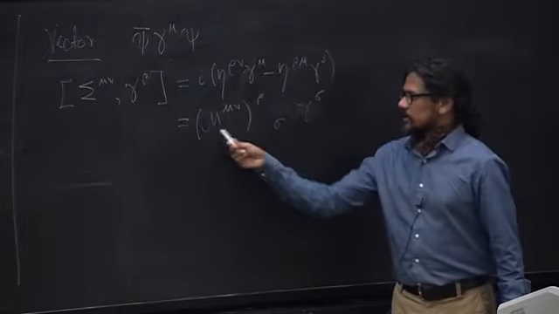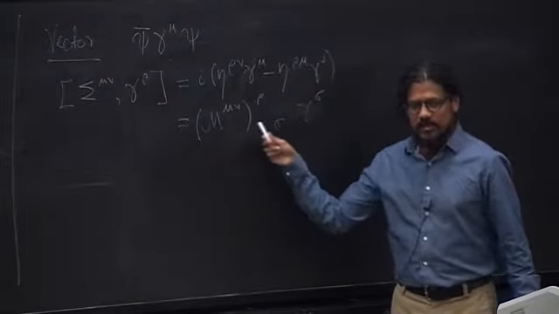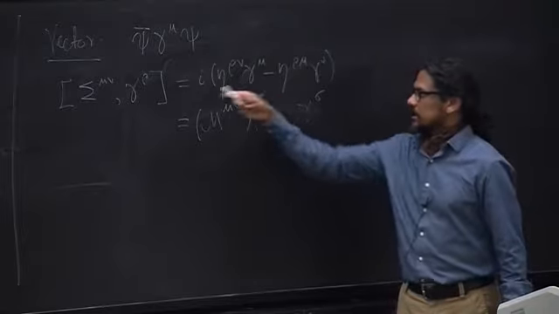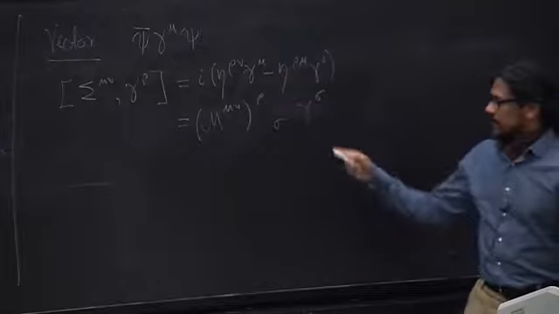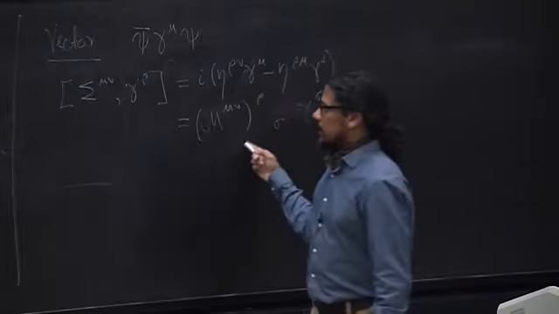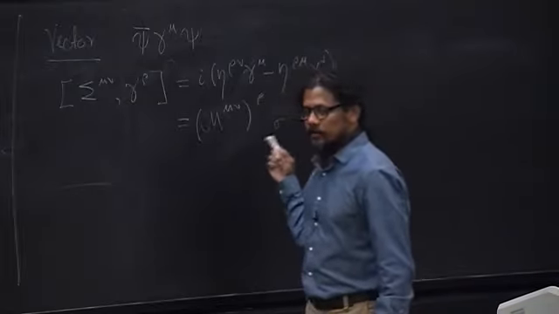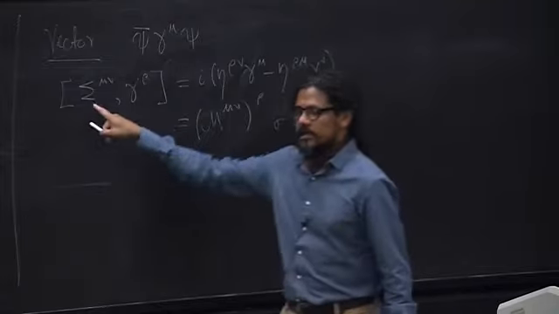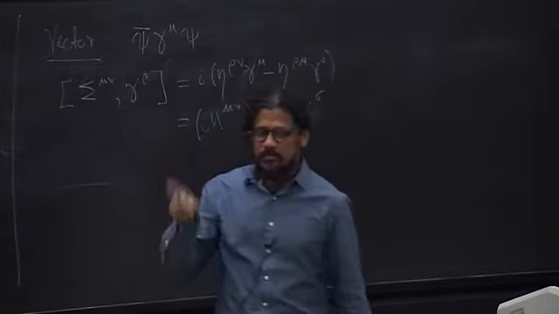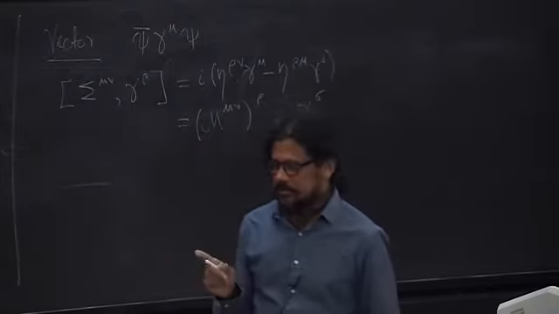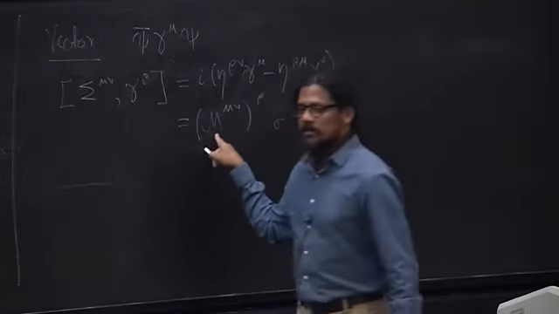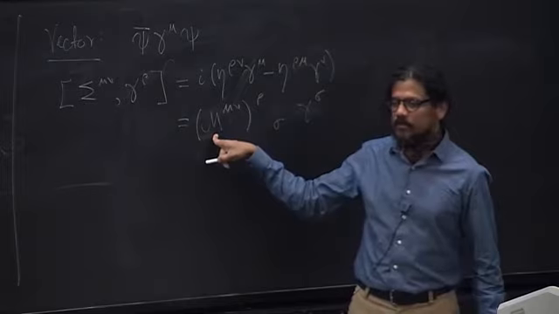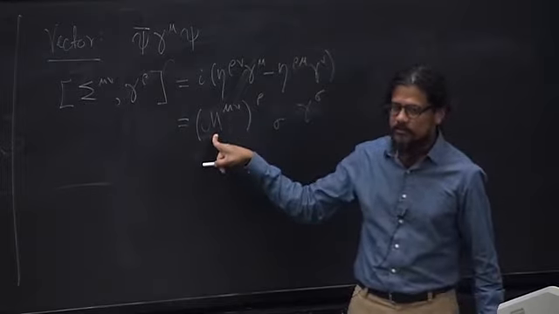So if you use the definition of M, which I gave in the last lecture, you can see that this equation can be rewritten in this way. If you stare at it for a moment, you see that on the left-hand side, you have the generator of the spinor representation of the Lorentz group. And if you look at the right-hand side, you have the generator of the vector representation of the Lorentz group.